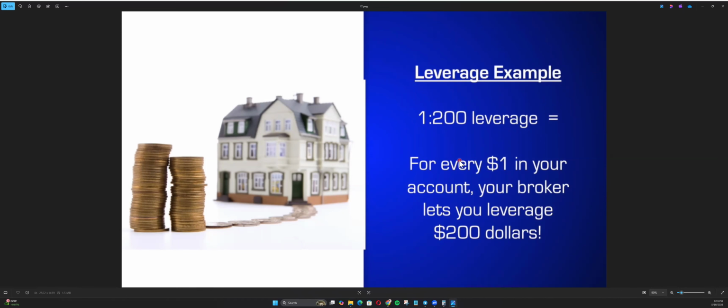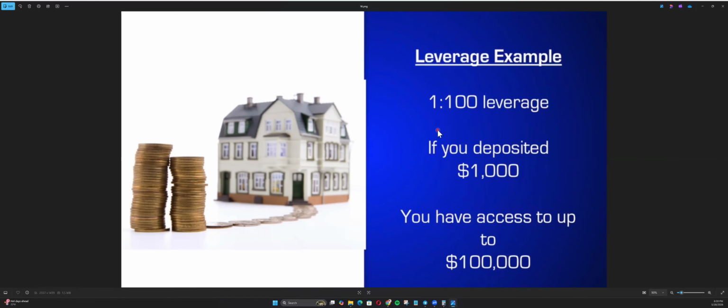So you now have access to trade with $20,000 with 1:200 leverage. I don't know if it makes sense. So I'll give you this example. Let's say you have a leverage of 1:100 and you deposited $1,000. Now you have access to $100,000. Why is that?